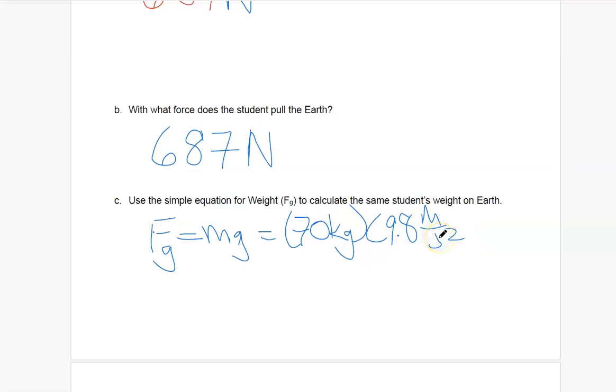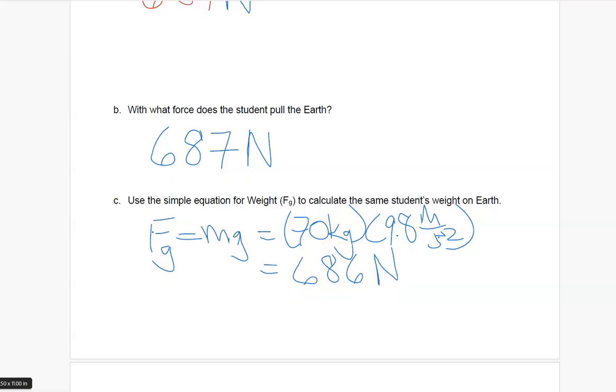And when we've been using this, 9.8 meters per second squared is an approximation, and that's because the gravity is slightly different everywhere at every point along the surface of the Earth. So keep that number in mind with a grain of salt as far as how accurate it is. When we multiply these together, we actually get 686 Newton, which is essentially the same value.